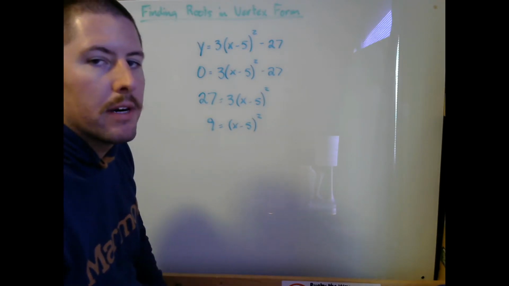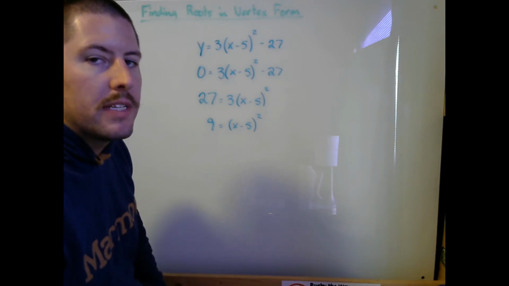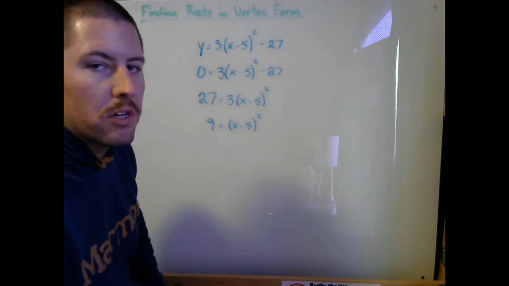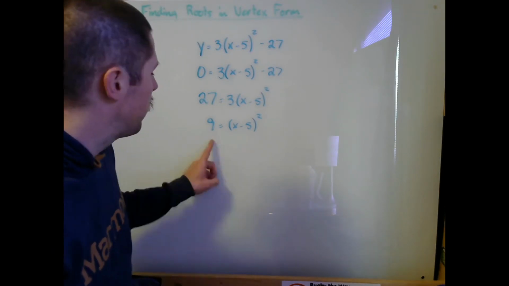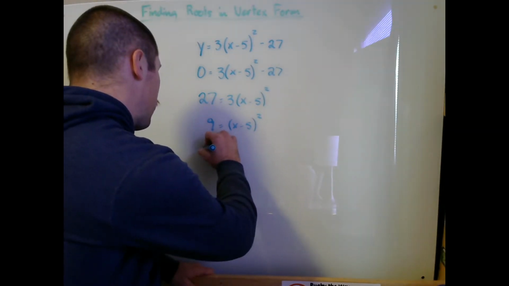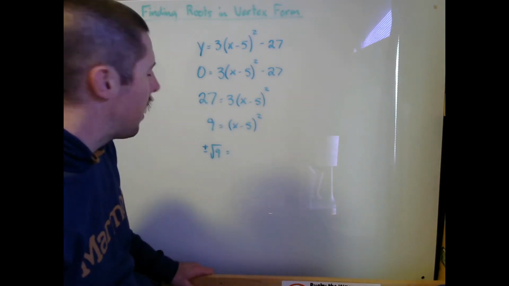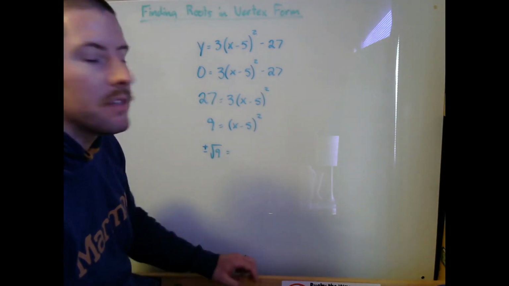What we want to remember here is that when we take a square root on both sides of an equation, we always need to introduce a plus or minus to remind ourselves that we're not sure if we squared the positive version or the negative version of a number to arrive at the value of 9. So here I'm going to give plus or minus the square root of 9 as my new value on the left, now that we've taken the square root on both sides.